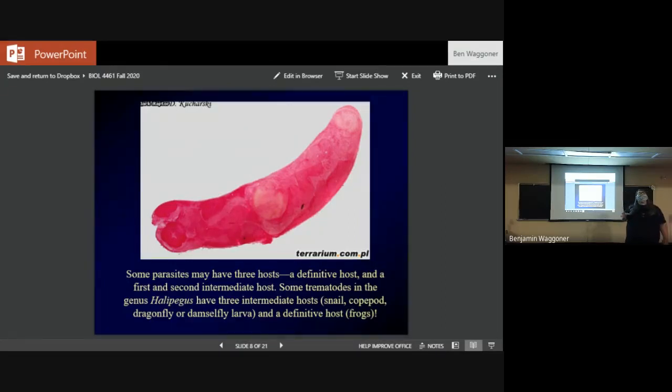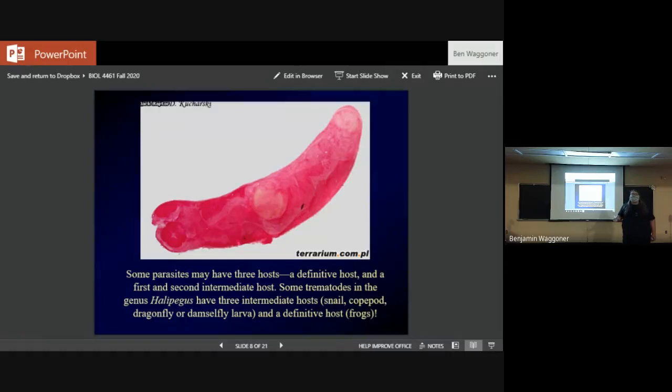For the record, I'm not going to test you on these genus names that I'm showing you. These are just examples. They're case studies. You don't have to memorize trematodes in the genus Halipegus.